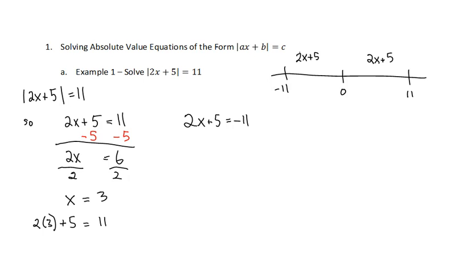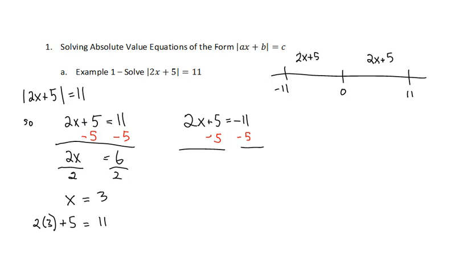If you notice, when we go back to the original expression, 2x plus 5, and substitute 3 for x, we get 2 times 3, which is 6, plus 5, which is 11. And so that expression is now 11 units away from 0 on the number line. 3 is the value of x that makes the expression 2x plus 5 equal a number that is 11 units away from 0 on the number line.